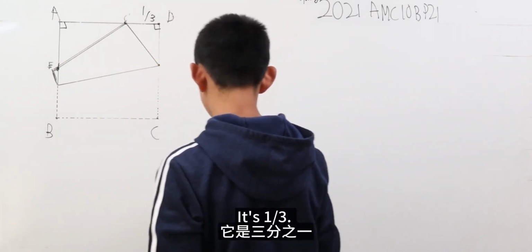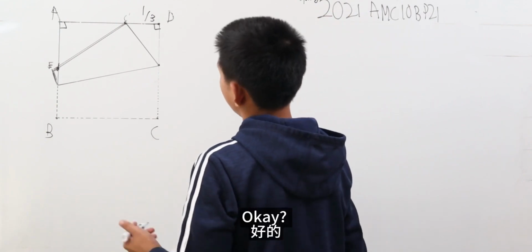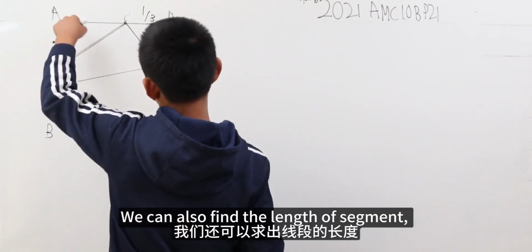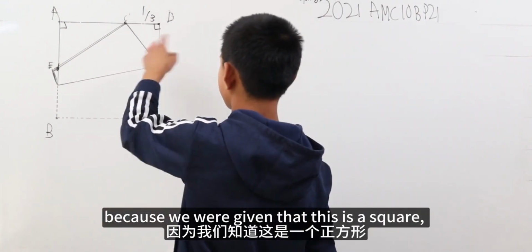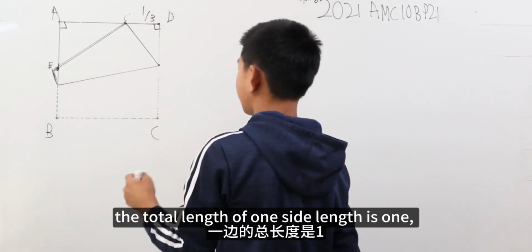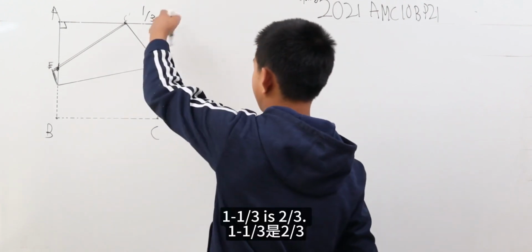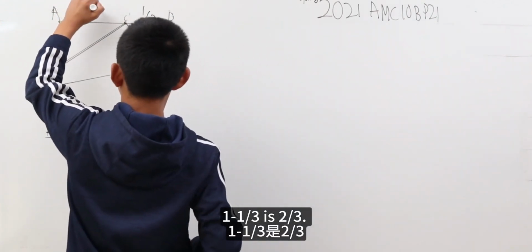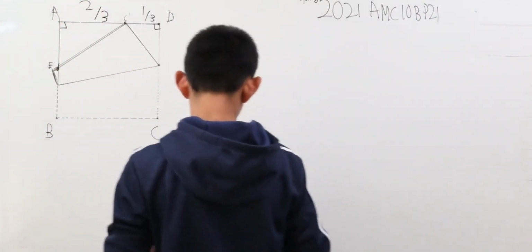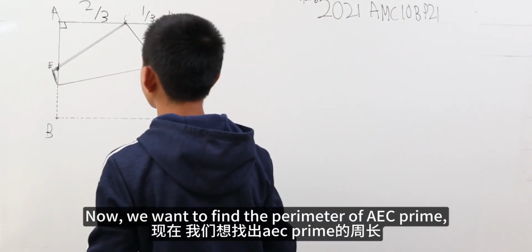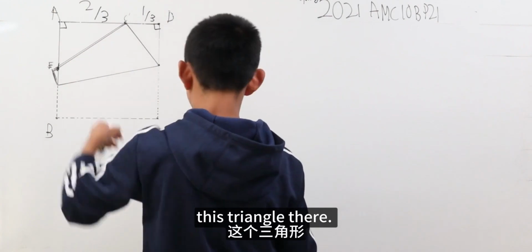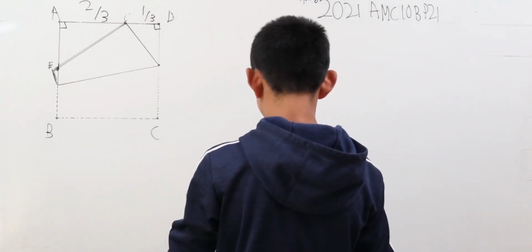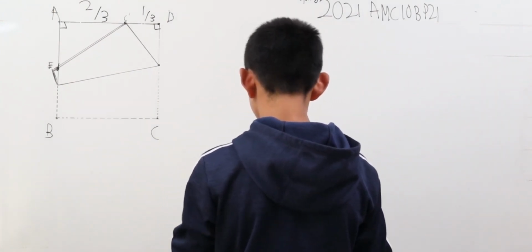We can also find the length of segment AC prime because this is a square and the side length is 1, so 1 minus 1/3 is 2/3. Now we want to find the perimeter of triangle AEC prime.